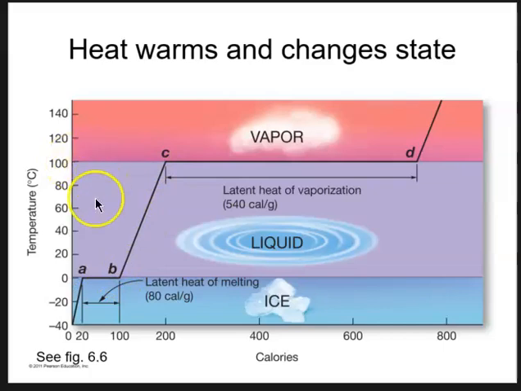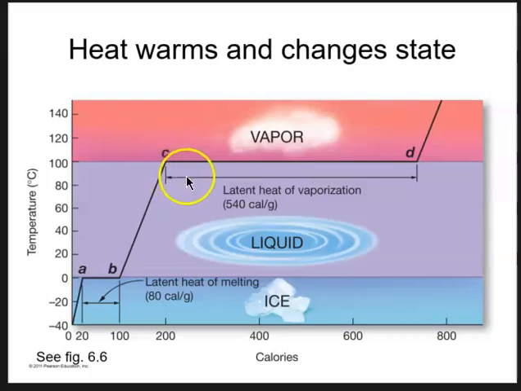Remember that temperature is a measure of how fast the molecules are moving. So we are seeing an increase in the molecular movement and the speed of the molecules between B and C. Once we get to C, we now have water at 100 degrees Celsius. And remember that that's the boiling point. So at C, our water starts to boil.